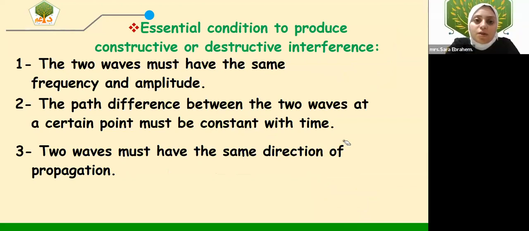Conditions to produce constructive or destructive interference. Constructive interference gives the bright fringes, and destructive gives the dark fringes.